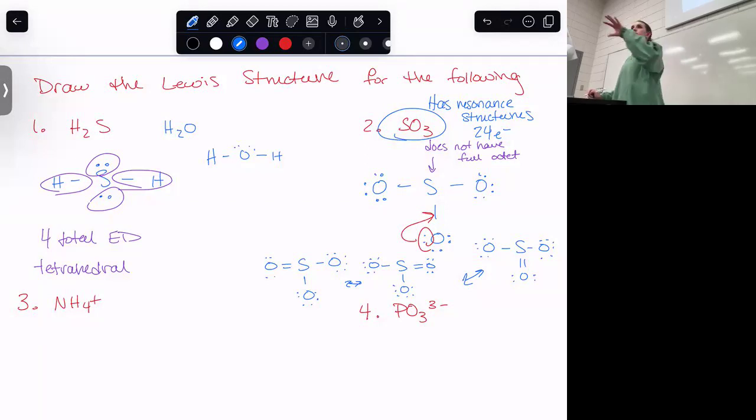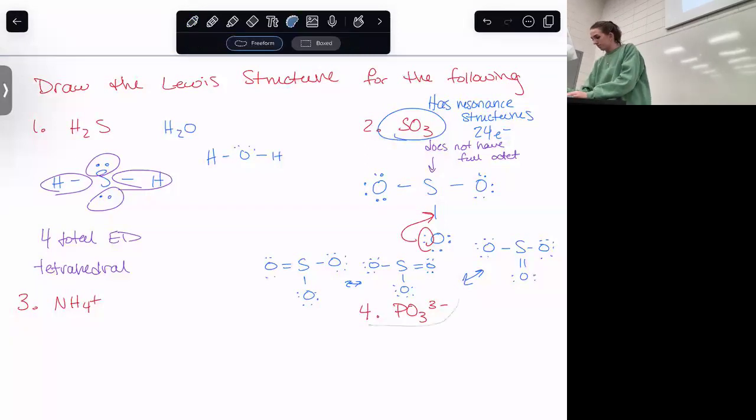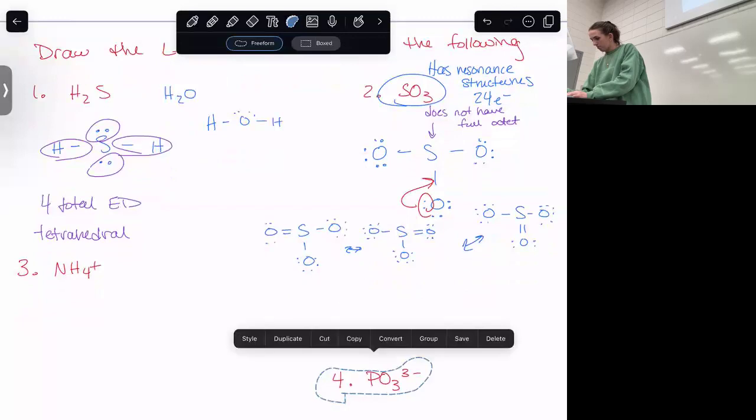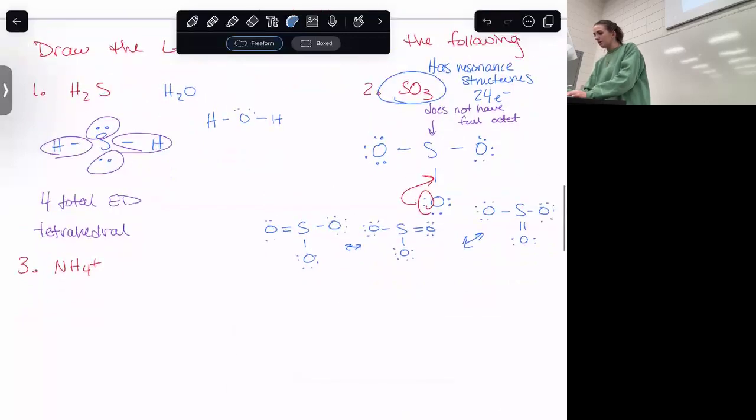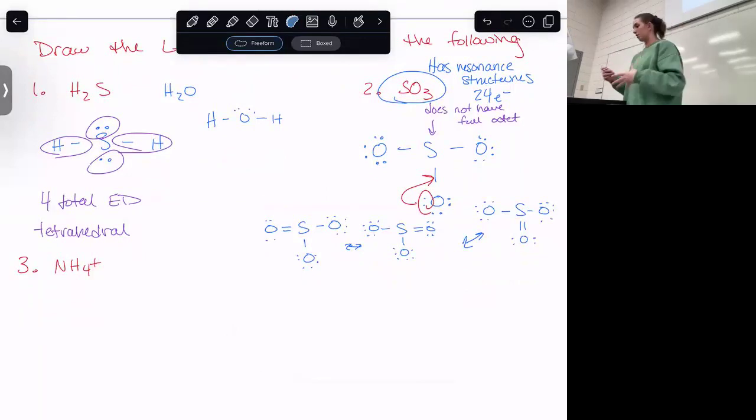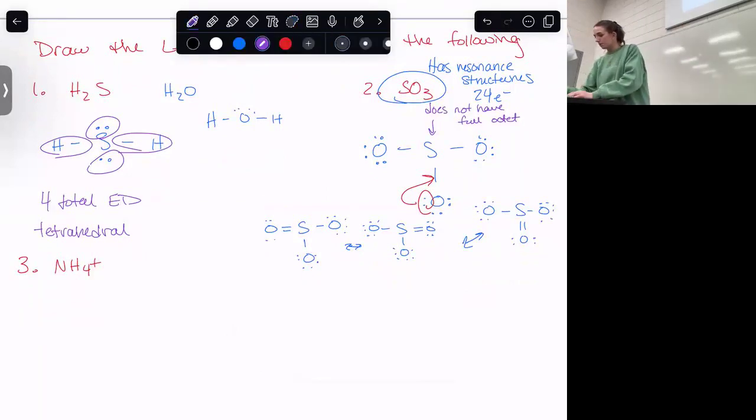Do we look at them each individually? So whenever we have resonance structures, we always want to make sure that we're looking at a combo or an average of all of them. So we're actually going to see a structure that has these partial bonds in between all of them.